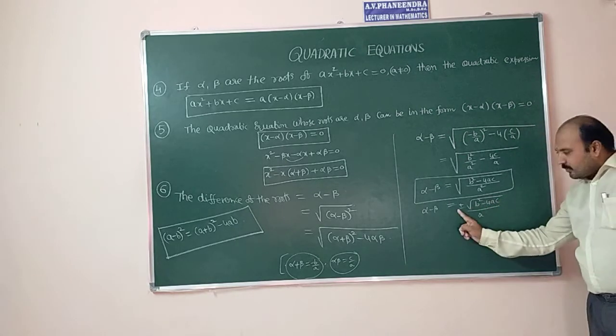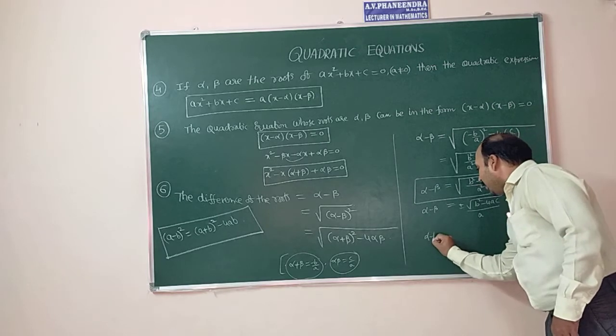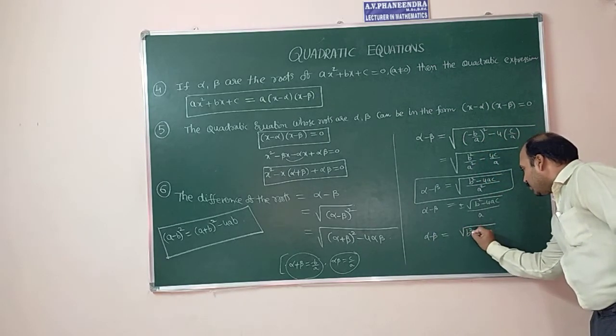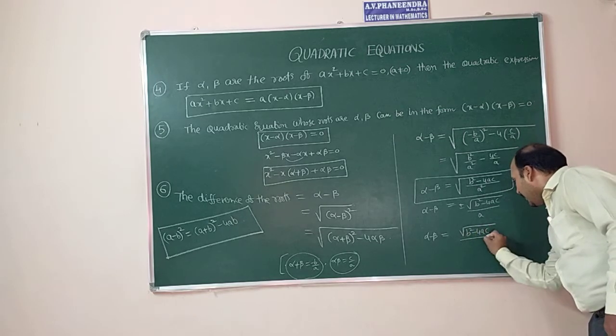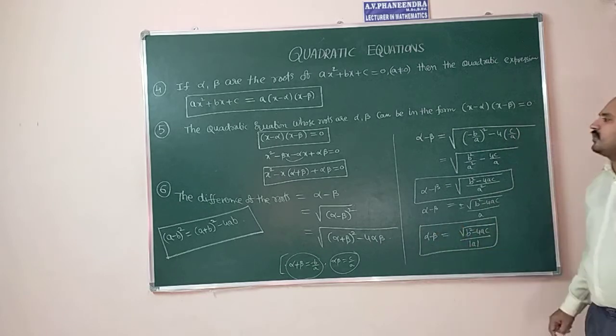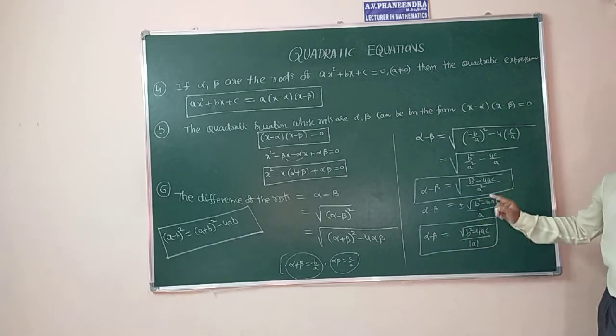If we remove plus or minus also, here it will become mod. Therefore, alpha minus beta equal to square root of b square minus 4ac divided by mod a. This is the difference of the roots of the quadratic equation ax square plus bx plus c.